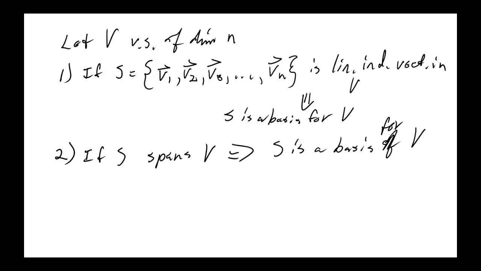Because both of them have to be true, but if you know the dimension and S has that many vectors in it, then if you know either one of those facts, S spans it or the set of vectors in S is linearly independent, then yeah, you got it.